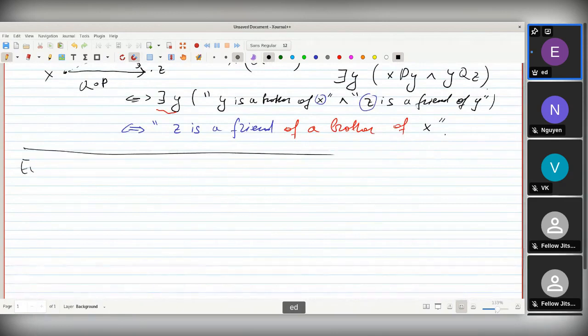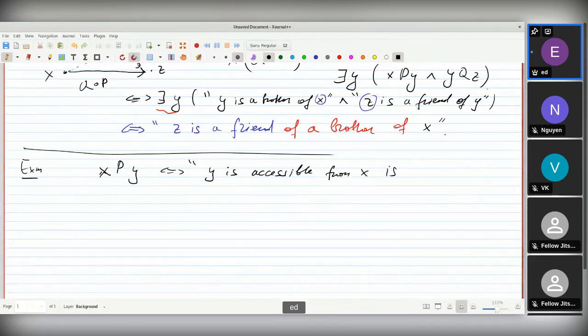So say another example. Assume that X P Y means that Y is accessible from X via a direct flight.